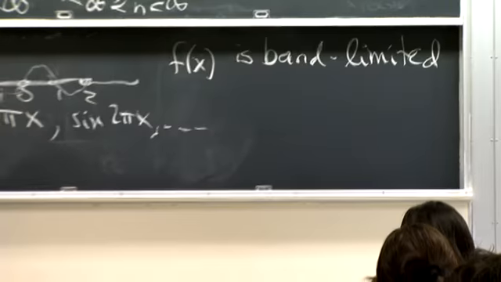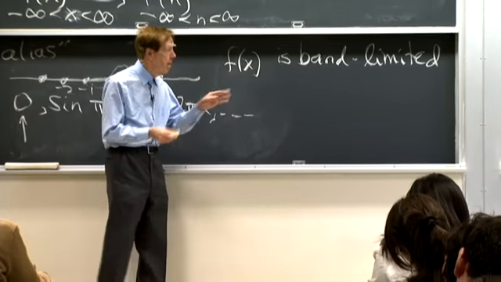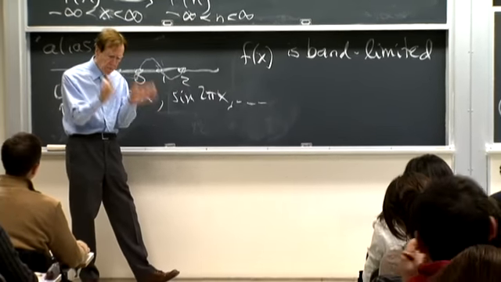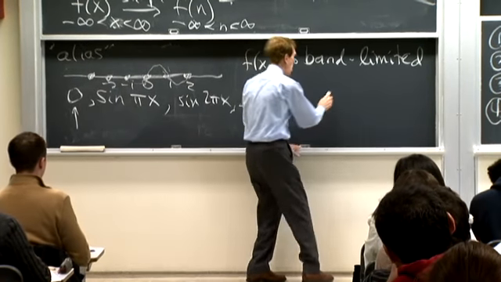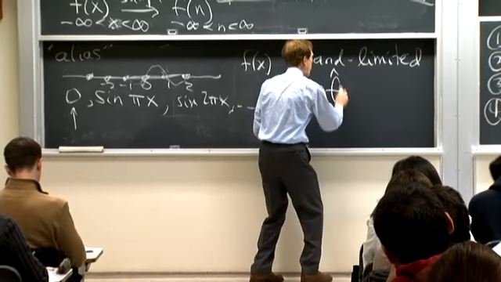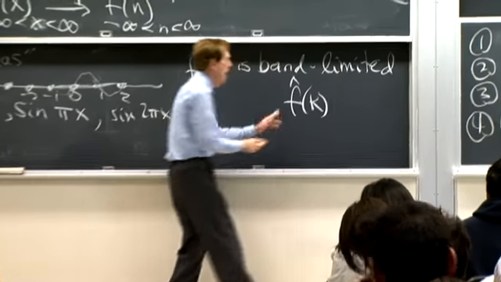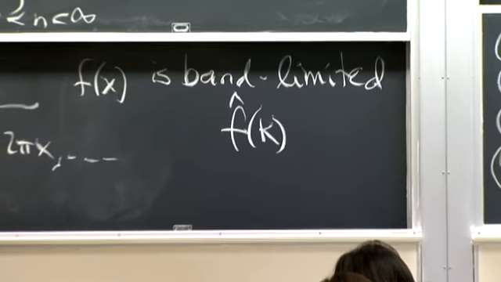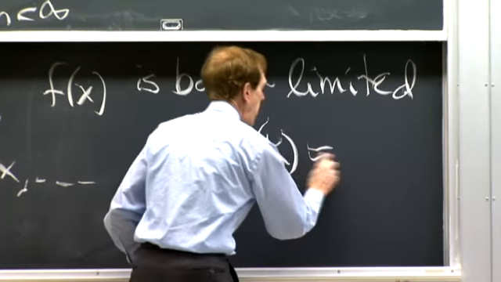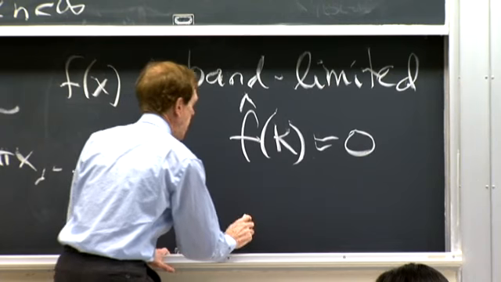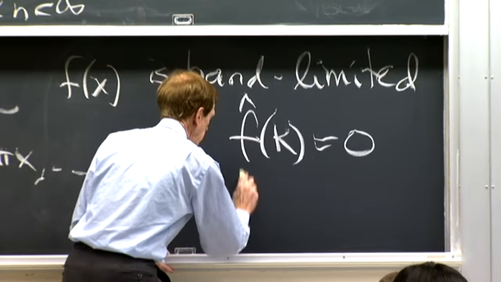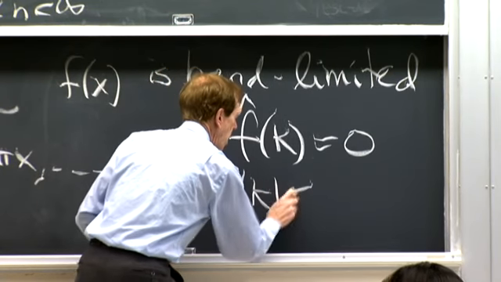Okay. Band limited means the band is a band of frequencies. So it's the function's band limited when its transform, which tells me how much of each frequency there is, is 0 in some band, let's say, all frequencies below something.